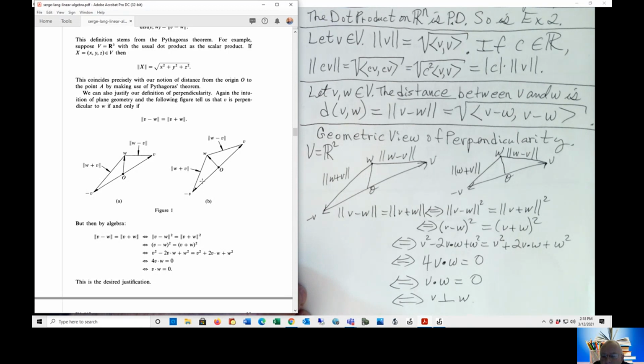You have v squared minus 2 v dot w plus w squared equal v squared plus 2 v dot w plus w squared. Combine like terms, you have 4 v dot w is 0, which means v dot w is 0. In other words, v and w are perpendicular. So that's our geometric justification for the definition of perpendicularity, meaning that two vectors are perpendicular if their scalar product equals 0.